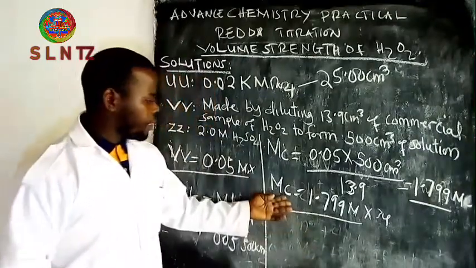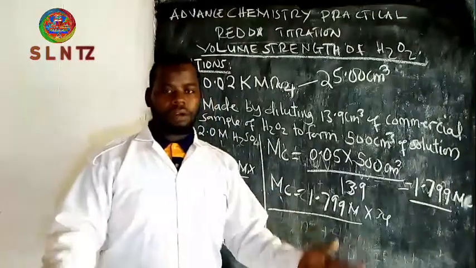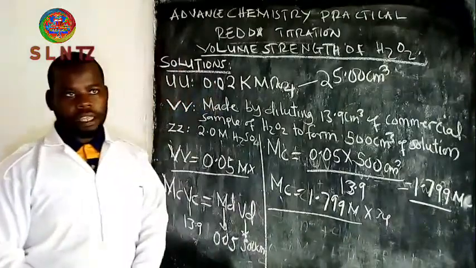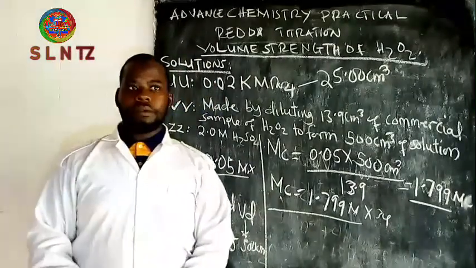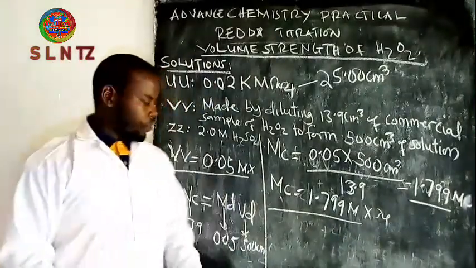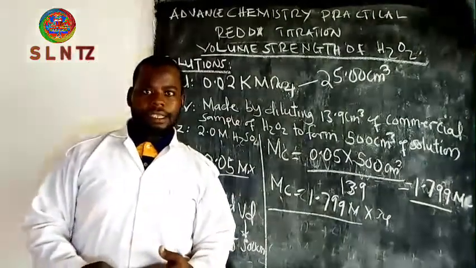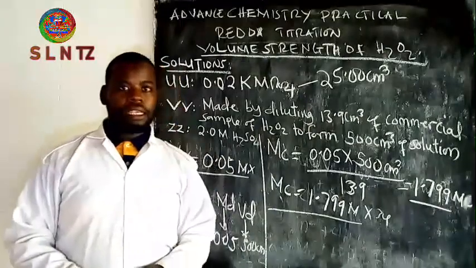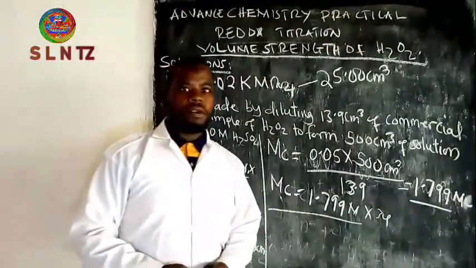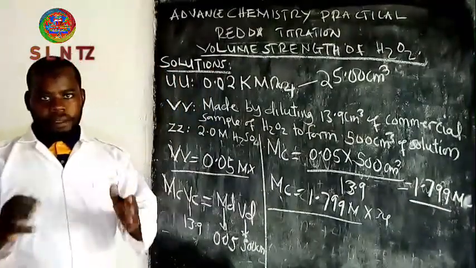So after having the MC, you are going to calculate the volume strength of hydrogen peroxide. In a few minutes, I will come here again to show you how to calculate that volume strength of hydrogen peroxide.